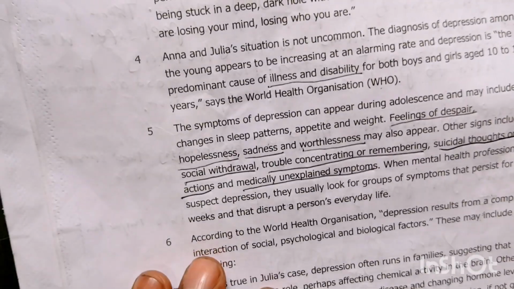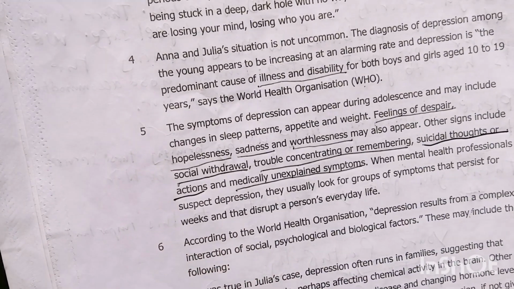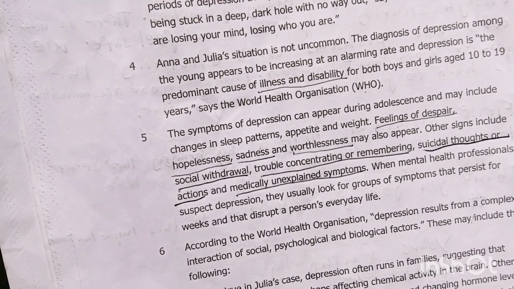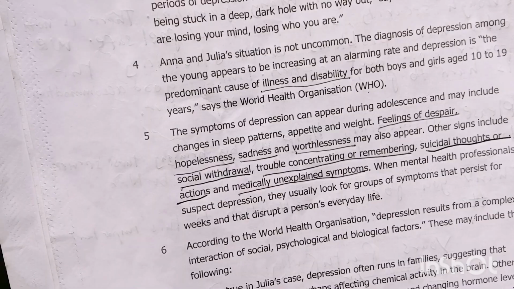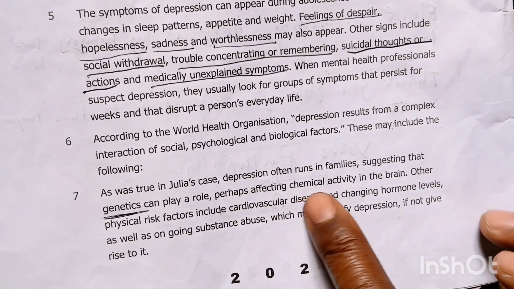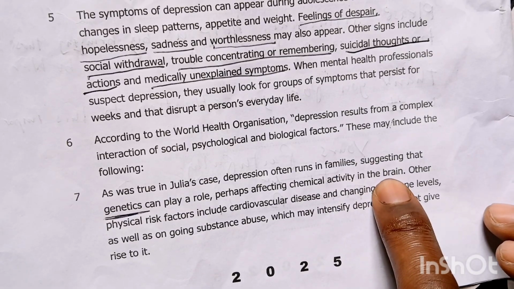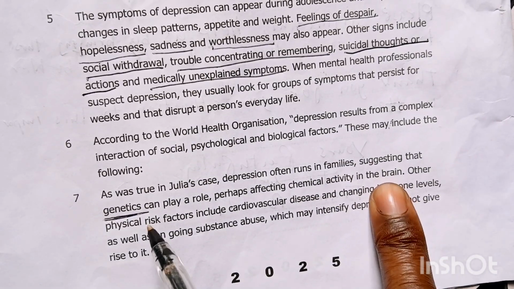So these are how many points? 1, 2, 3, 4, 5, 6. So now, it can play a role, perhaps affecting chemical activity in the brain. So this is what genetics does.